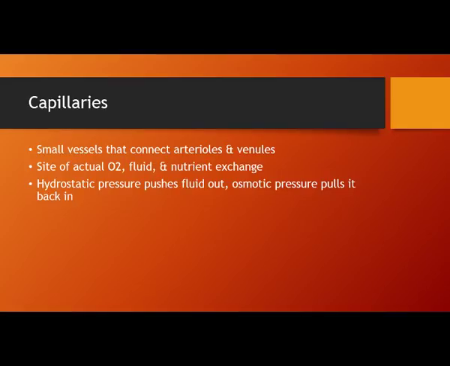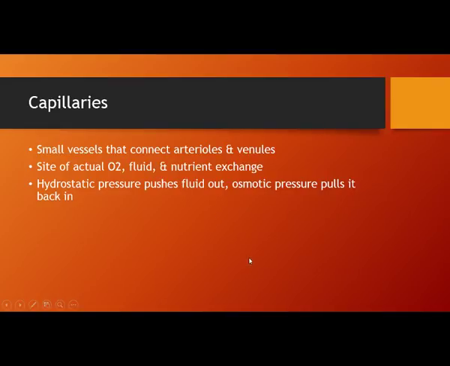Due to the hydrostatic pressure, that's just the pressure from the artery, the fluid pressure itself, that pushes fluid out. But osmotic pressure is going to pull some fluid back in, and the fluid that doesn't get pulled back in that way, the lymph system is going to take care of, assuming that the lymph system is working properly.